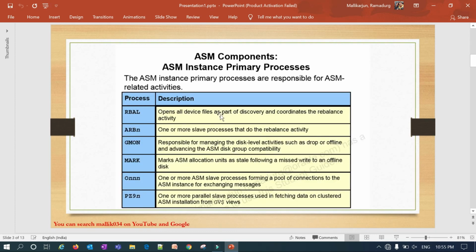If you can see, these are ASM background processes like RBAL, ARBn, GMON, MARK, and others, but I'm not going to cover them because today's session is specific to RAC background processes.